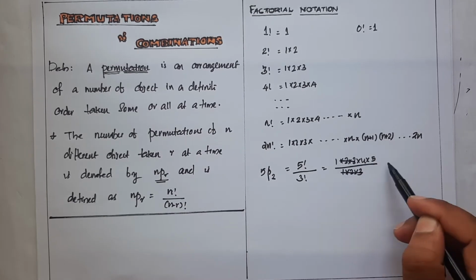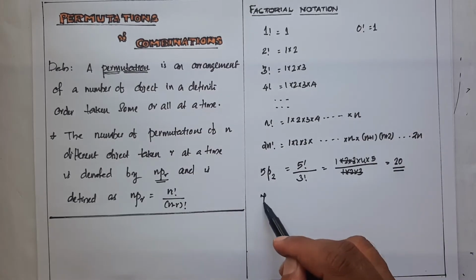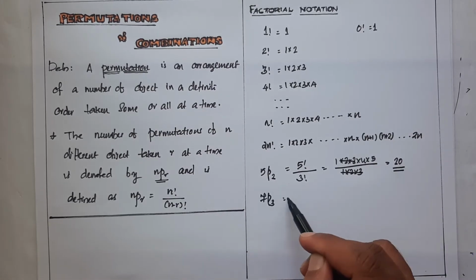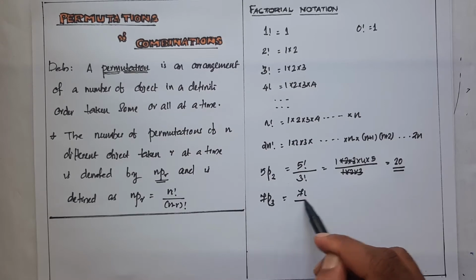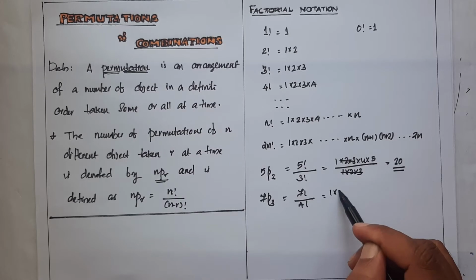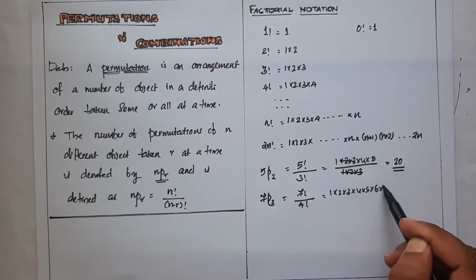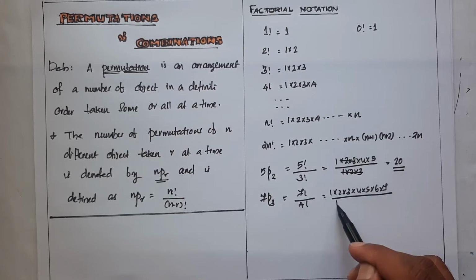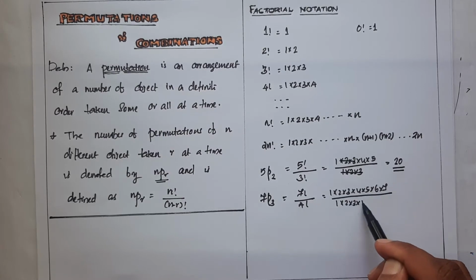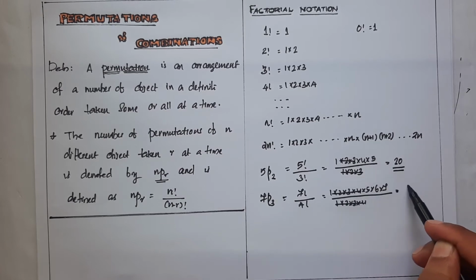Here these 3 terms cancel, and therefore we get the answer 20. Then what is 7P3? Similarly, we write 7 factorial divided by 7 minus 3 factorial, that is 4 factorial. That is 1 into 2 into 3 into 4 into 5 into 6 into 7, the whole divided by 1 into 2 into 3 into 4. Here these terms cancel. 5 into 6 is 30, 30 into 7 is 210.